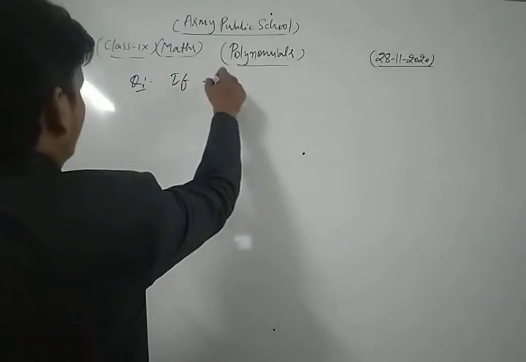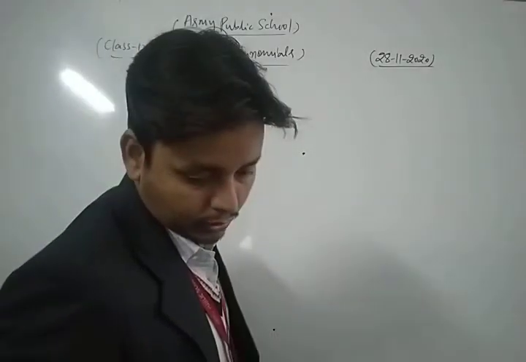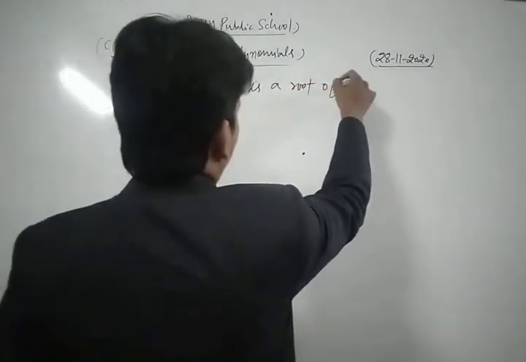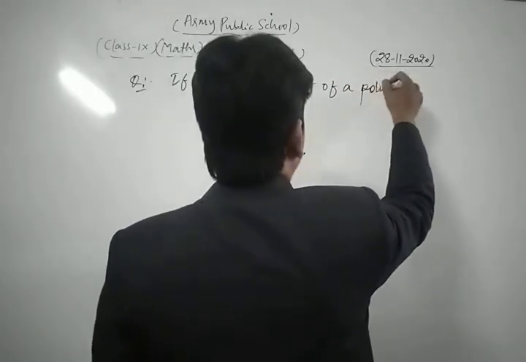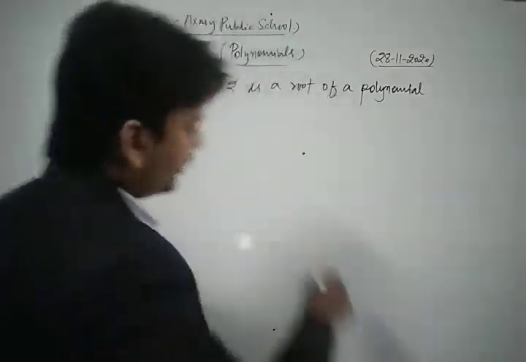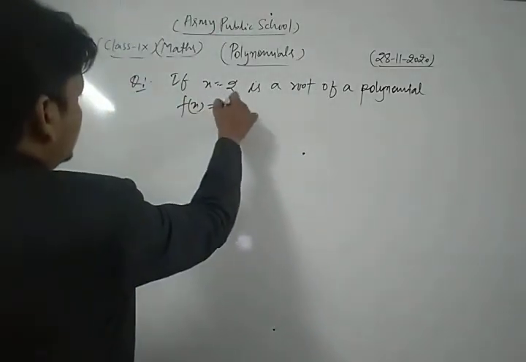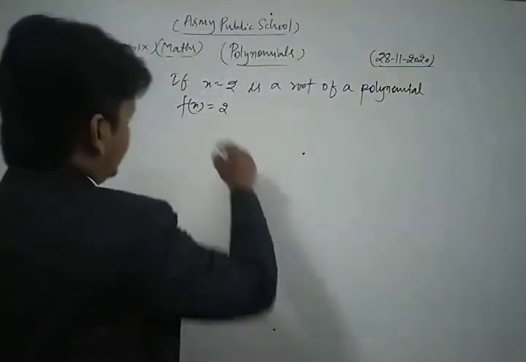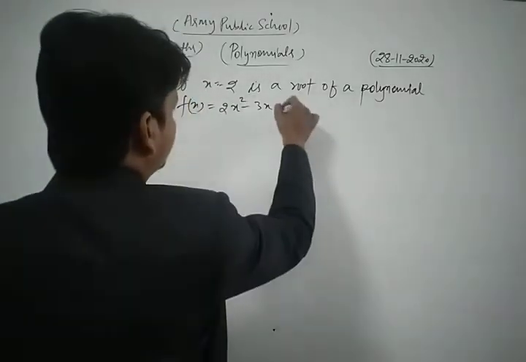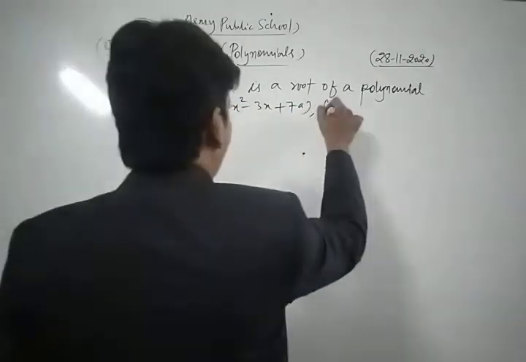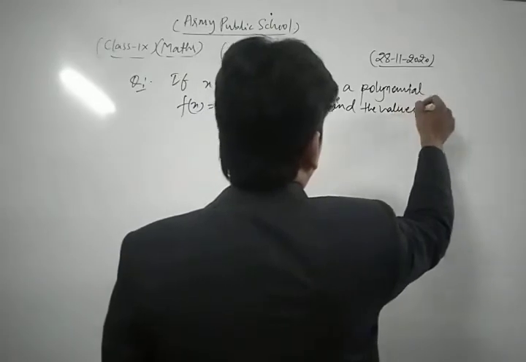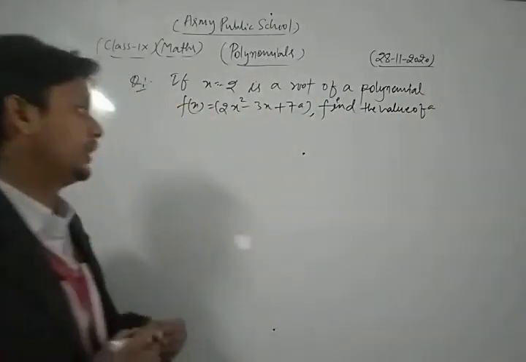If x is equal to 2 is a root of the polynomial f of x is equal to 2x square minus 3x plus 7a, now find the value of a.